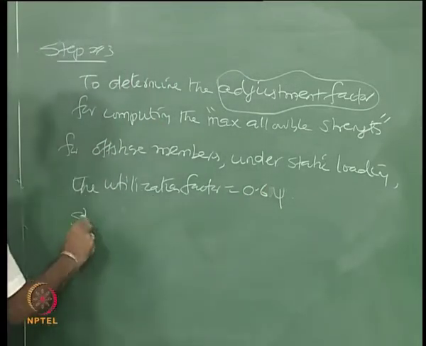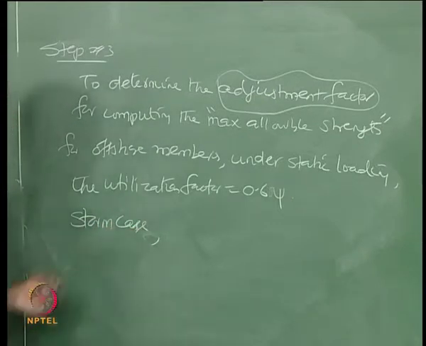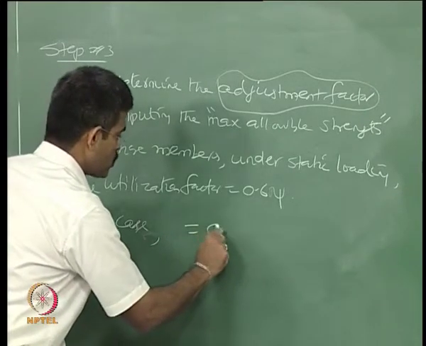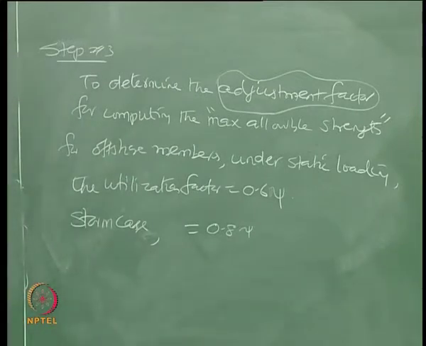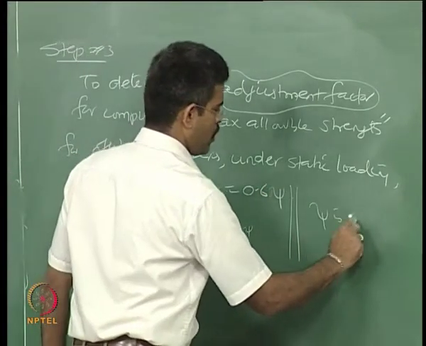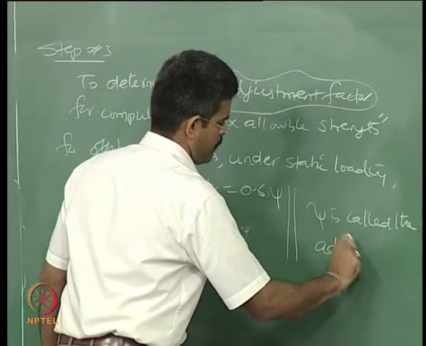When you talk about the storm weather or the storm case, there is a rough storm case, then this factor is increased to 0.8 psi. Where in this equation psi is called the adjustment factor.